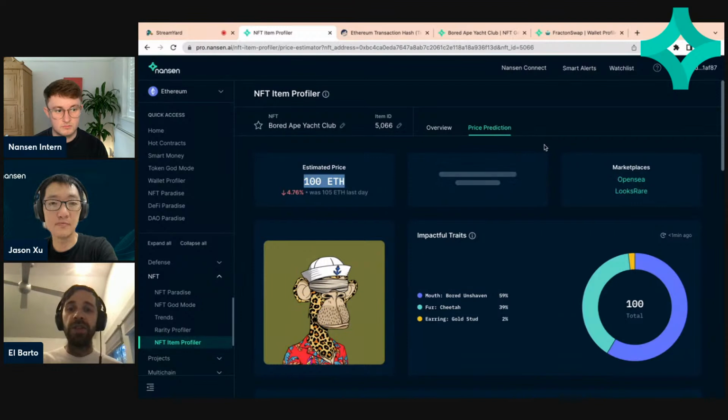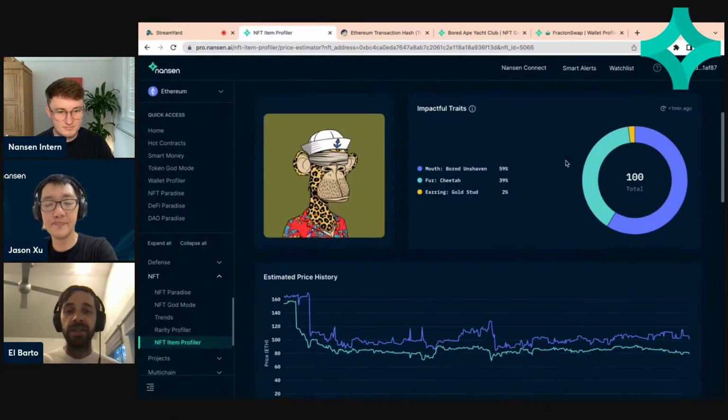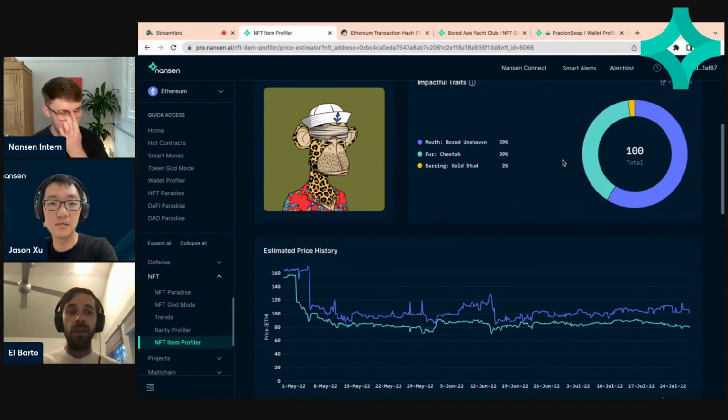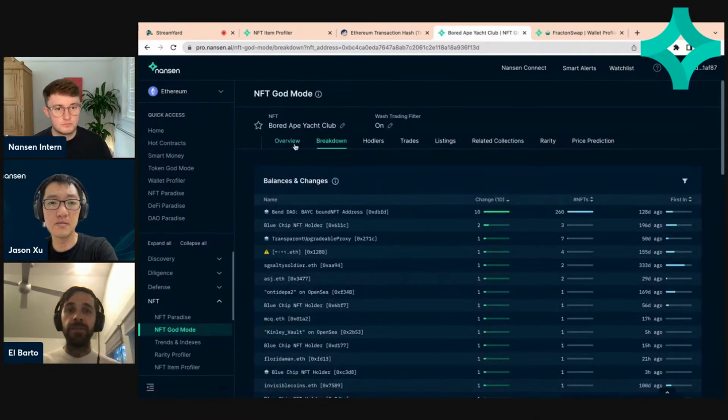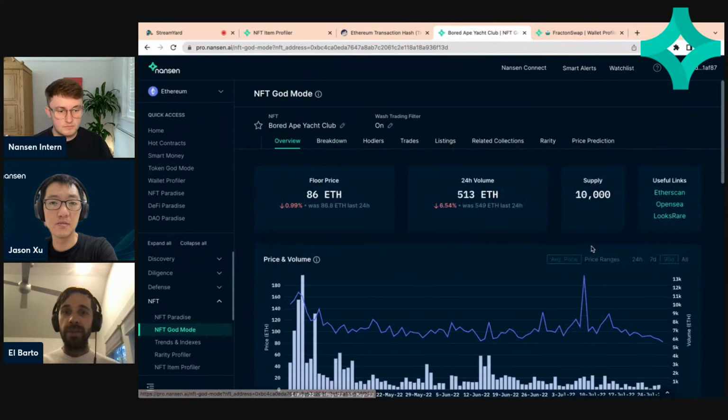So what you could do is, if you see these fractionalizations, you could just plug this item in and see what the estimated price for this ape is in Nansen. Are you getting a good deal on it? Essentially. The reason I say that is because the floor price for Bored Apes, I believe, is 86 ETH now.